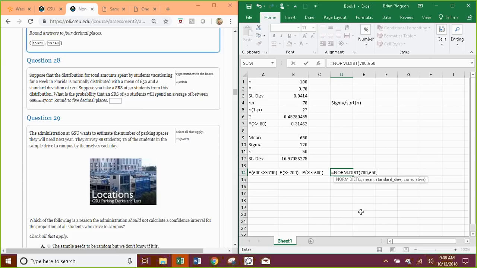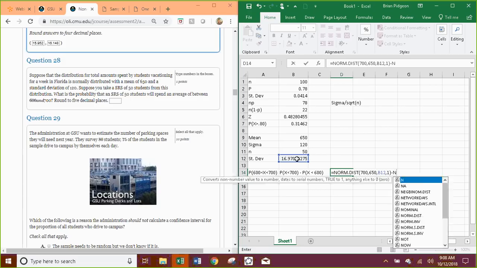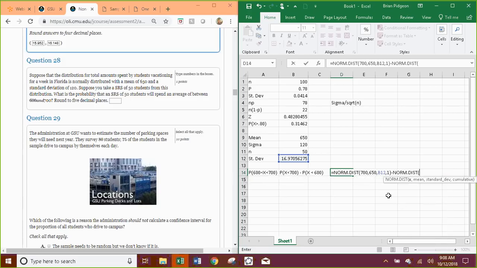So I'll show you that this is probably easier just using norm dist. We want to do, when x is 700, the first one, with a mean of 650 and a standard deviation of that 16.97, cumulative is 1. That tells us the probability that we're less than 700, minus, do another norm dist, when x is now 600, mean is 650, standard deviation is once again that 16.97, cumulative is 1.